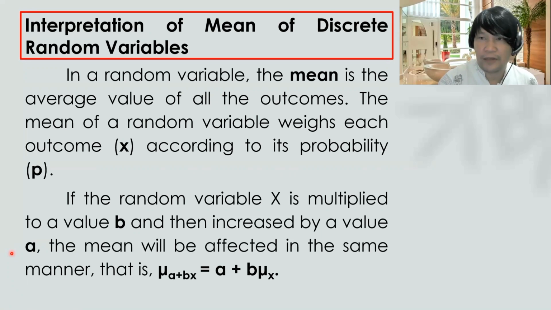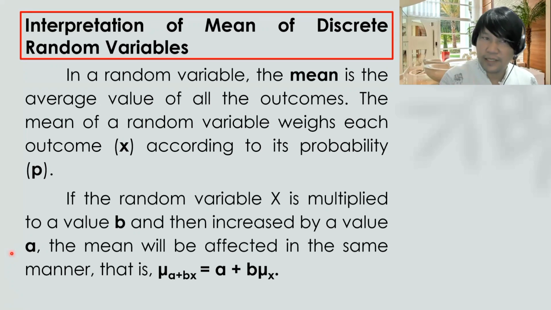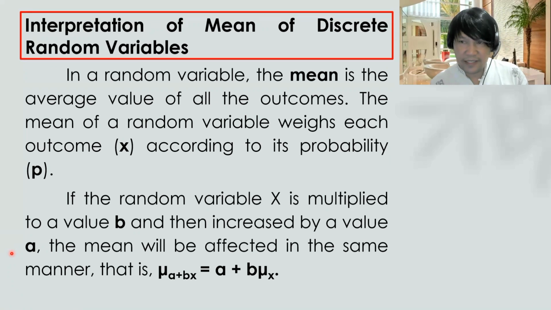affected in the same manner, meaning to say, if by chance the obtained value or the expected value or the mean, okay, now there is a chance that the given random variable is increased. Therefore, the average or the expected value of the given discrete random variable will also be affected.